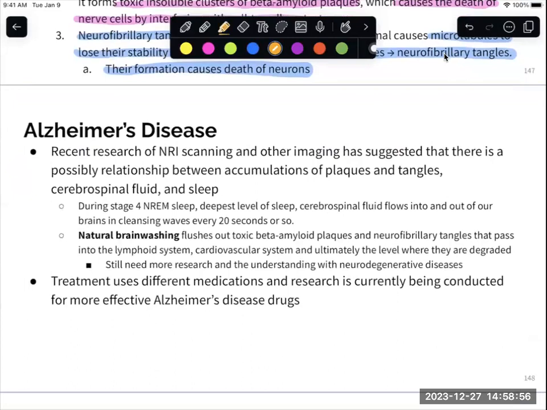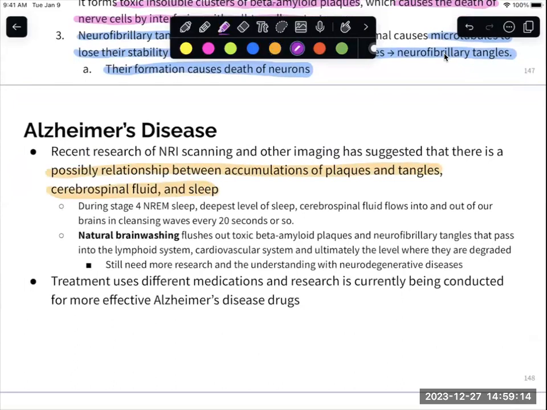There's research through different imaging that shows a possible relationship between the accumulation of these plaques and tangles, cerebrospinal fluid, and sleep. Another reason to sleep.